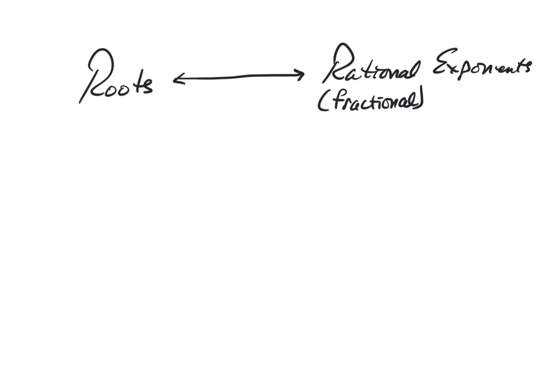Okay? So what I want to show you is how to turn something with a root, a radical sign, into something that would have a fractional exponent. And here's our general way to do it, the formula, so to speak.